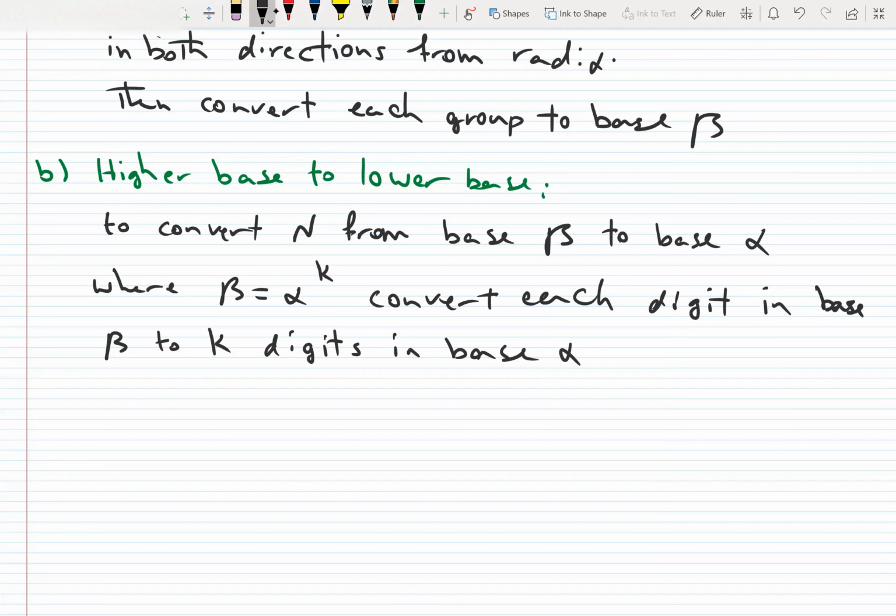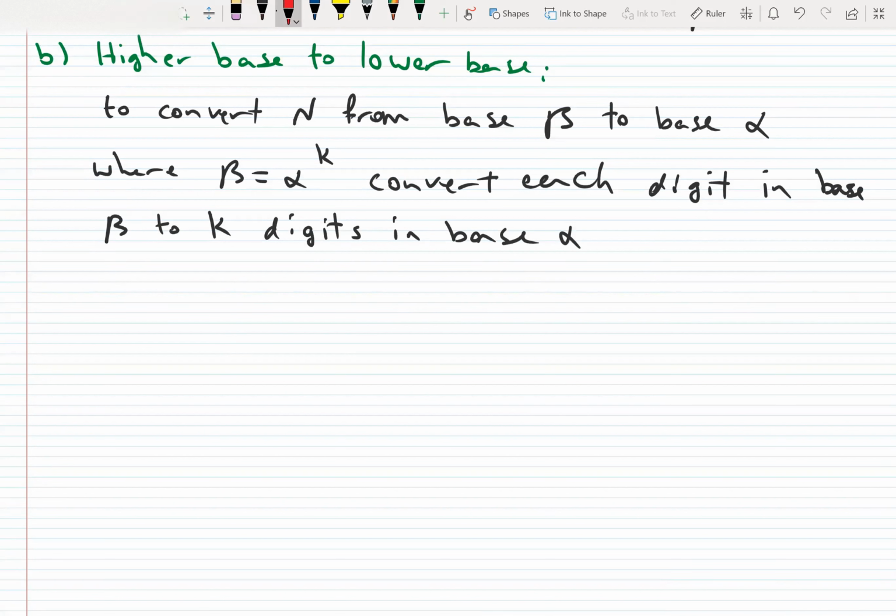Okay, so this is the way we convert numbers from base alpha to base beta and vice versa, if there is a relationship between them, that beta is equal to alpha to the power of k. Let's see an example. Here are some conversion examples.